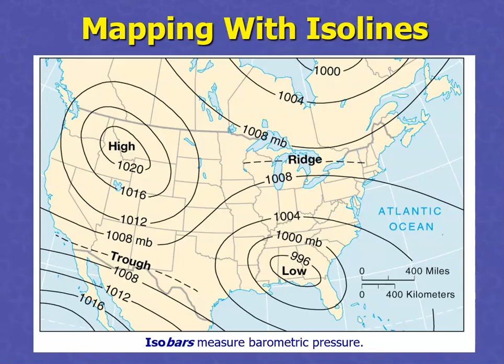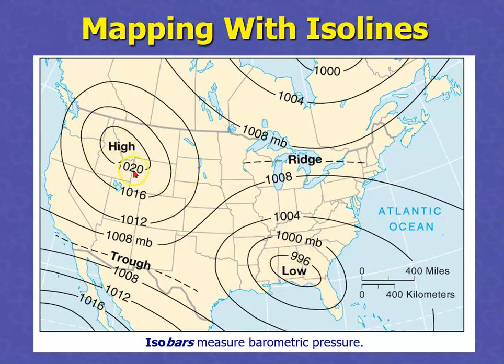So if we look at measuring air pressure at the surface of the Earth, just as isotherms were used to measure temperature, isobars are used to measure barometric pressure, which is what we're seeing here. And this area has over 1,020 millibars of air pressure. This has below 996 millibars of air pressure.